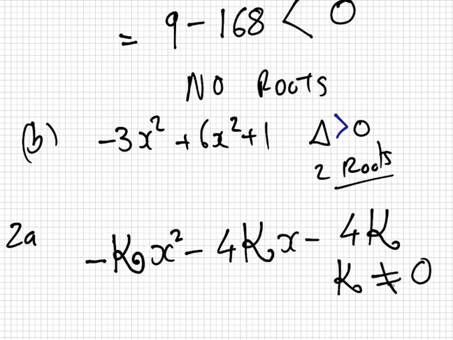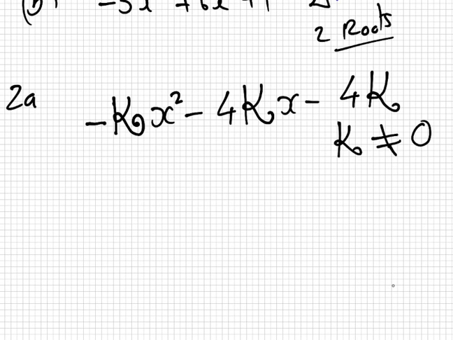Okay, so all I know is K is not 0. But we can still find out how many roots there are. So that's interesting if you think about it. I cannot find the answer because I don't know what the K is for my formula. But I can still find out how many answers there are, even though I cannot find the answers. So if I look at that, delta equals minus 4k squared.